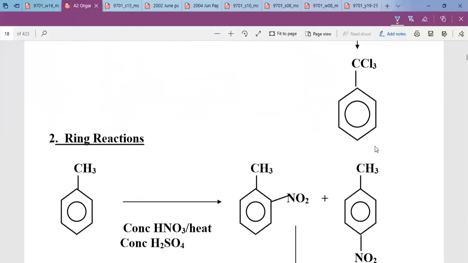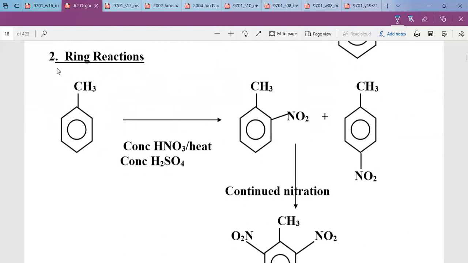Okay, now in the ring reaction here, this is quite common. Ring reaction here, it will act like a normal ring. Of course, it undergoes what? Electrophilic substitution.